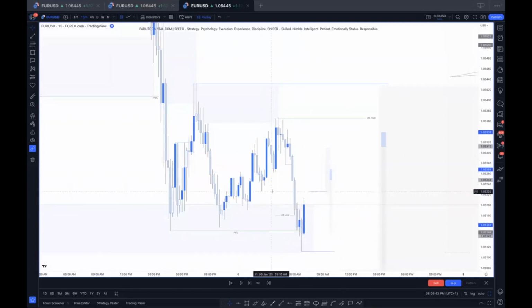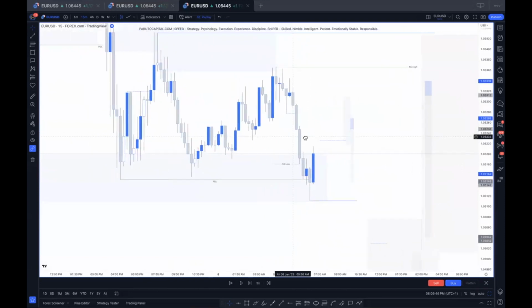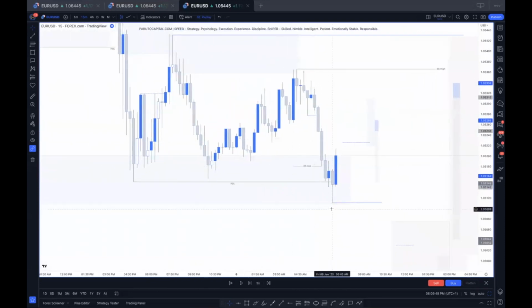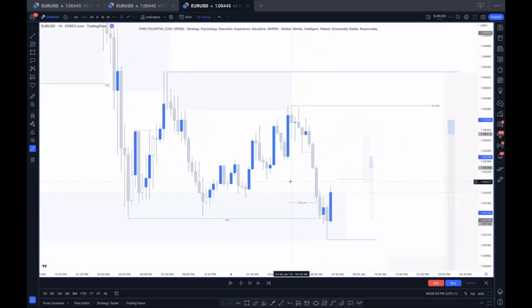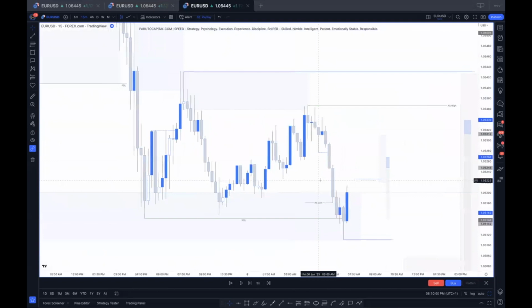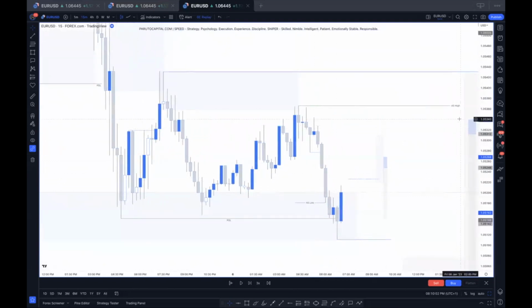Let me make this a little bit bigger. So that means it also doubles as a break of structure, but I also know it was the previous day low. And then I also map my Asia high and Asia low.